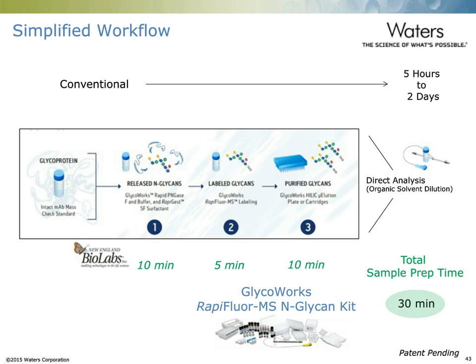What we've done with RapiFluor-MS is not only introduce a new labeling reagent for doing that analysis, but also an entire workflow that spans from the release of the N-glycans from the protein, in a partnership with New England Biolabs, coming up with a rapid PNGase F release strategy, and a very quick labeling reaction. The procedure takes only 5 minutes, and that's owed in large part to the reactivity of the labeling reagent itself.